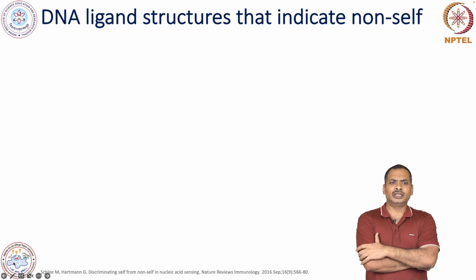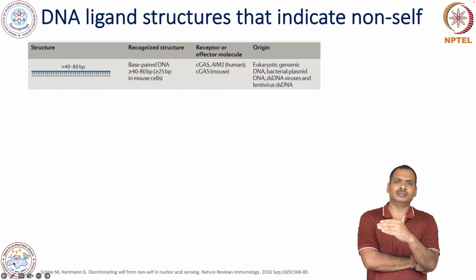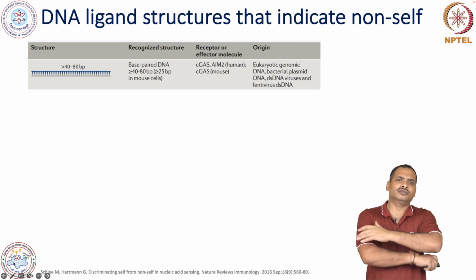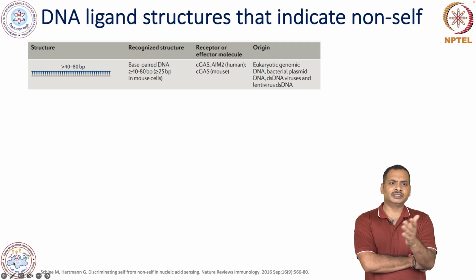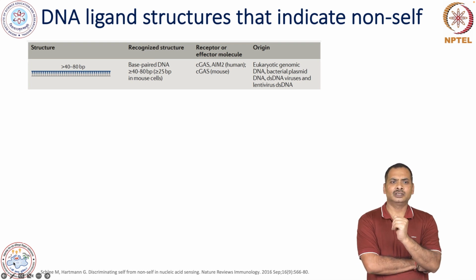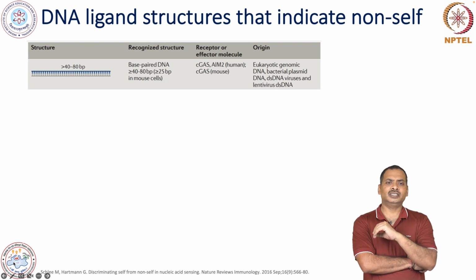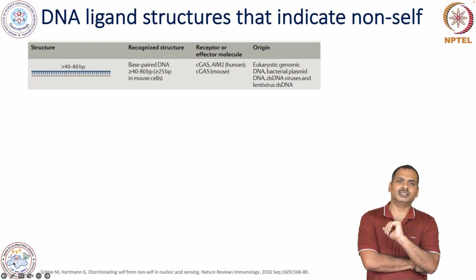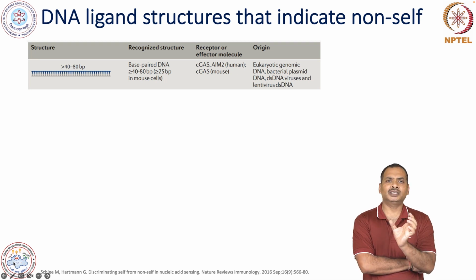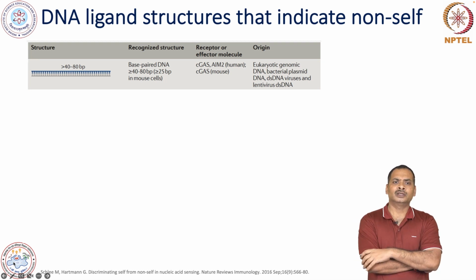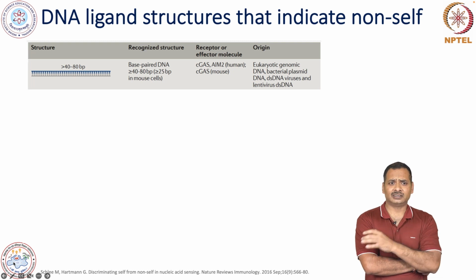So, now I will summarize the various DNA sensors. Here you can see that double stranded DNA of more than 40 to 80 base pairs can be sensed by cGAS and AIM2 in human, and in mice it is sensed by cGAS.